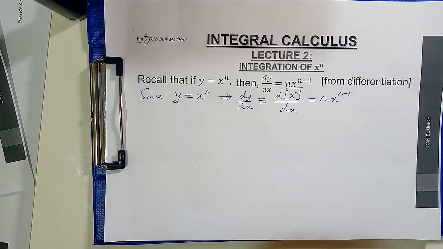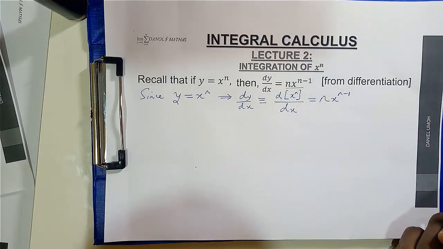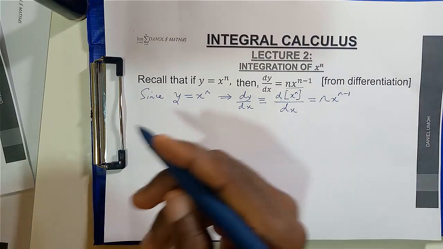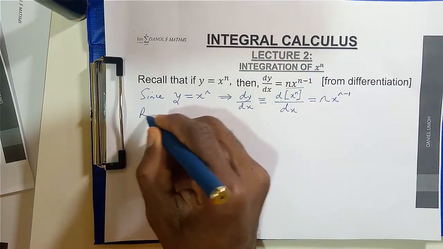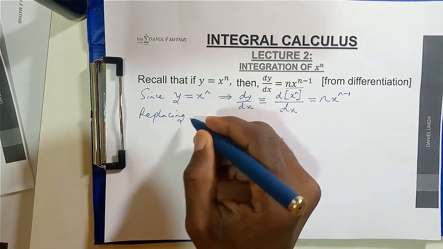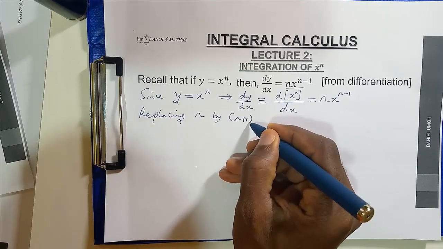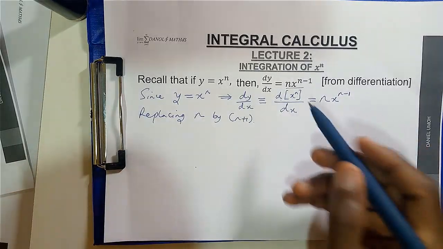I want to derive the formula for the integration of x raised to the power of n. So please follow me. Now, if we replace n by n plus 1, I want to check something similarly.